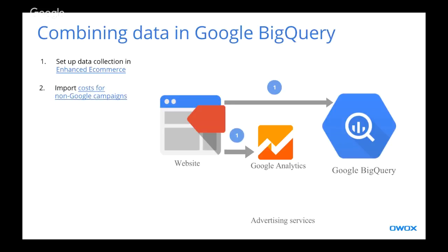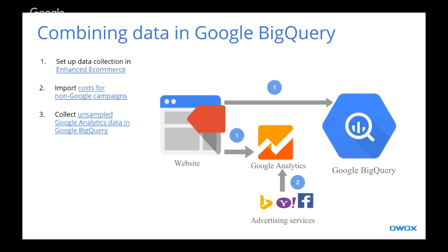Next, we import all costs for non-Google campaigns, because the AdWords integration is available out of the box and is set up in just one click. Once you set up the cost data, then you need to start collecting session analytics data in Google BigQuery.